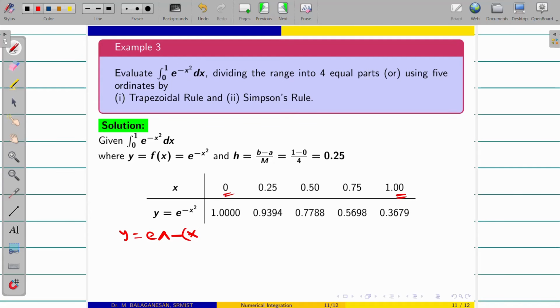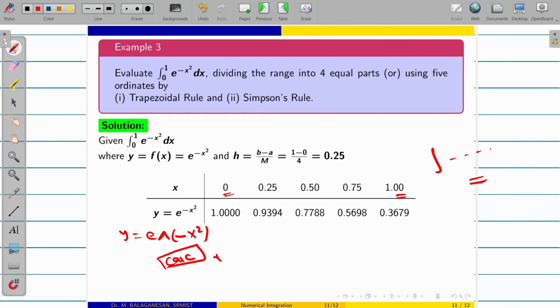Sorry, we should include the minus symbol also inside, minus alpha X square. This is the way you insert the formula in your display, and press the calculate button. If you are inserting a formula, you have to press the CALC button to execute it.